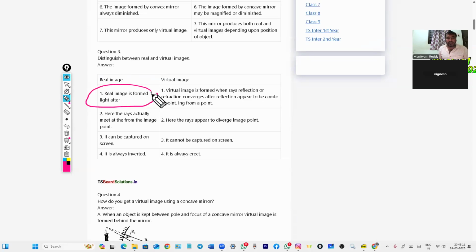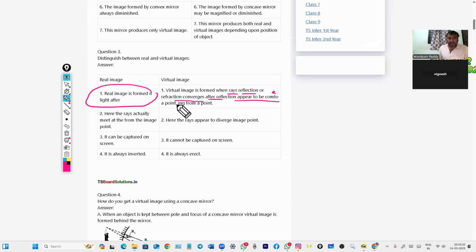A real image is formed if light, after reflection or refraction, actually converges. A virtual image is formed when rays, after reflection, appear to come from a point.